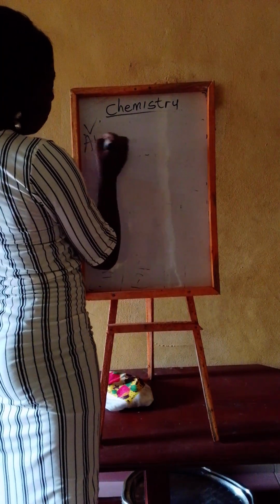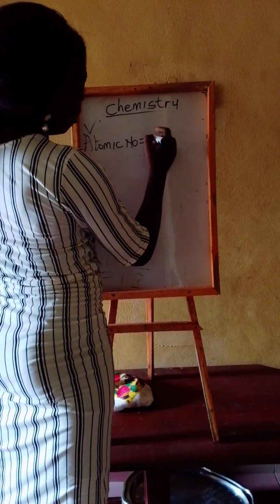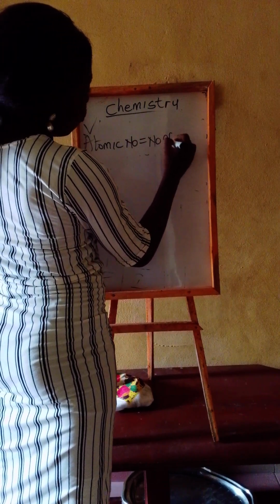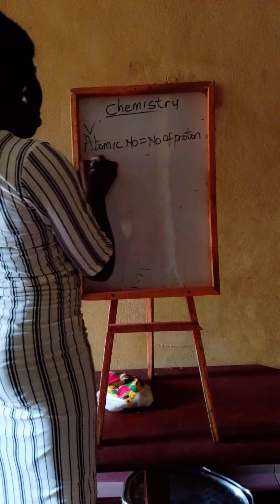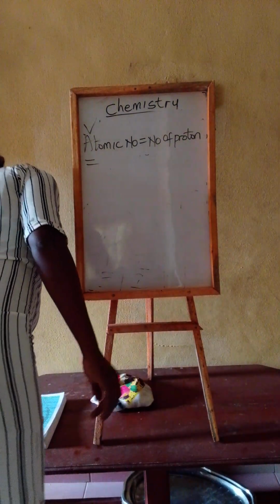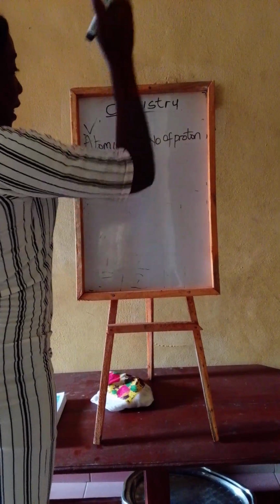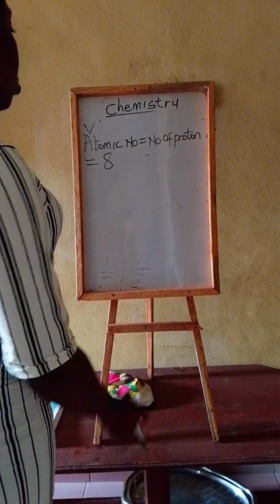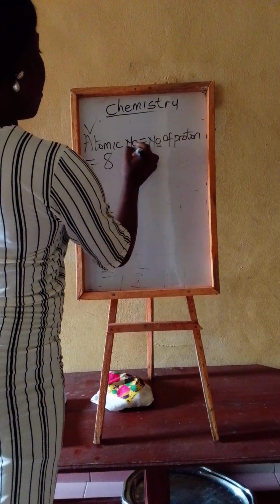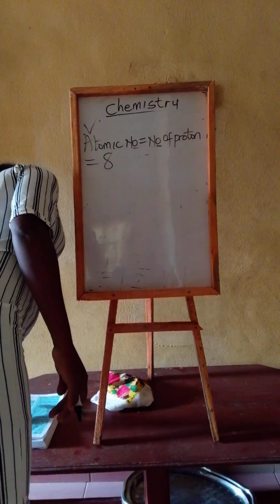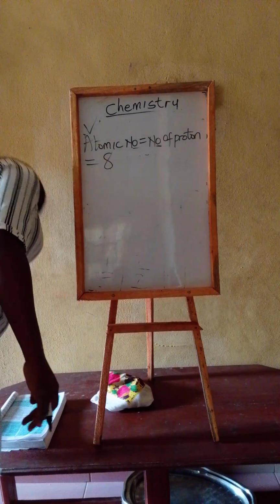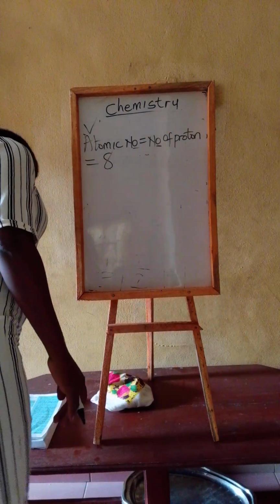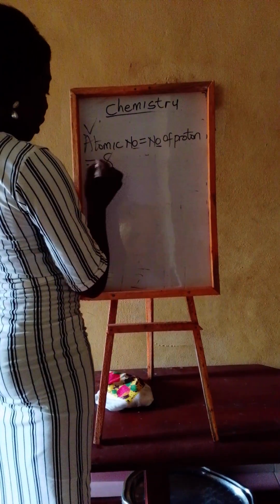So atomic number equals to what? Number of proton. And number of proton is what? 8. Atomic number equals to number of proton, and the proton given to us is 8. So the same thing, we have to calculate the number of neutron.